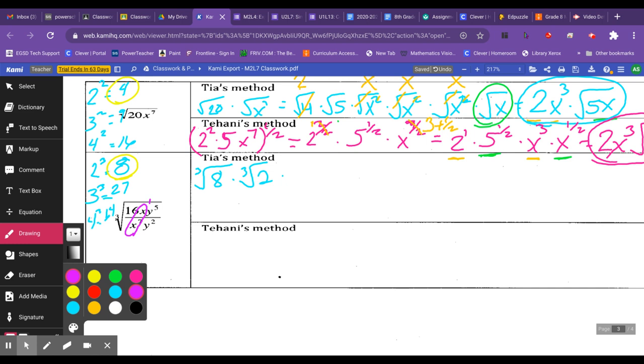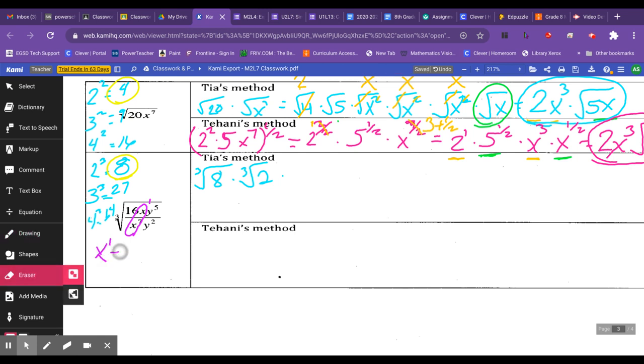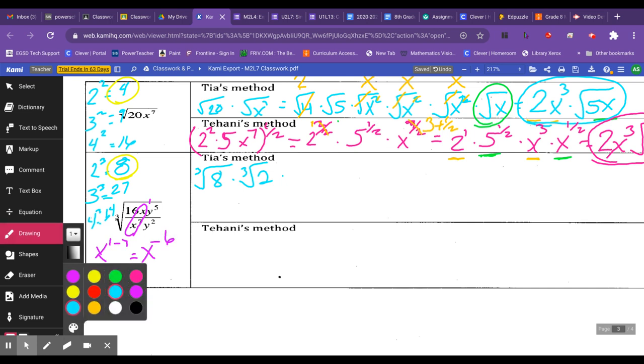When you're dividing bases, you subtract exponents. So it'd be x to the 1 minus 7, which would be x to the negative 6. So I'm going to put up here cubed root of x to the negative 6.